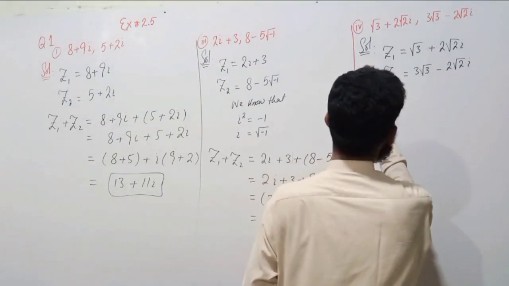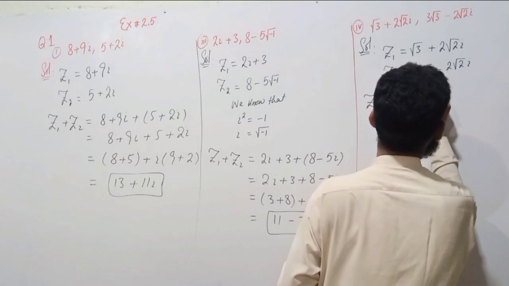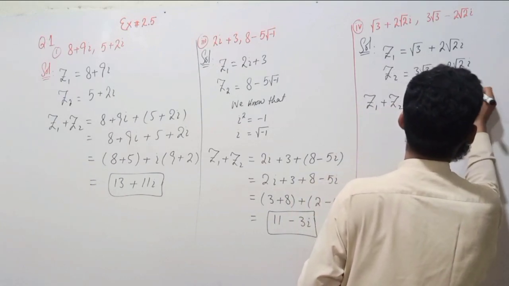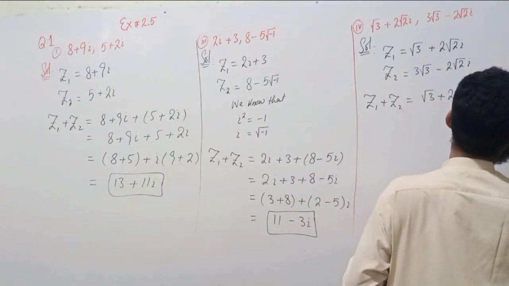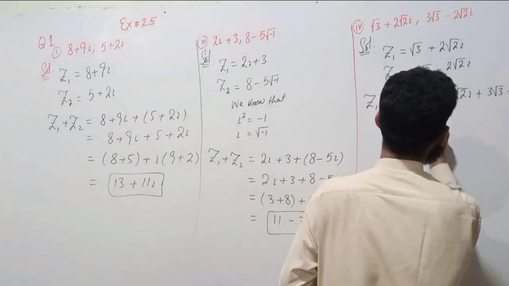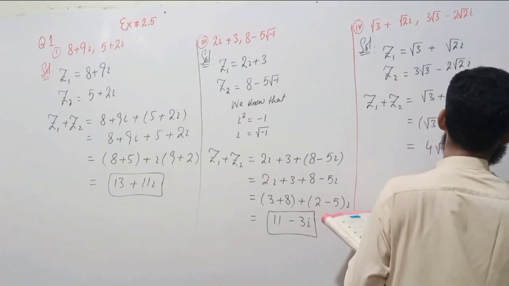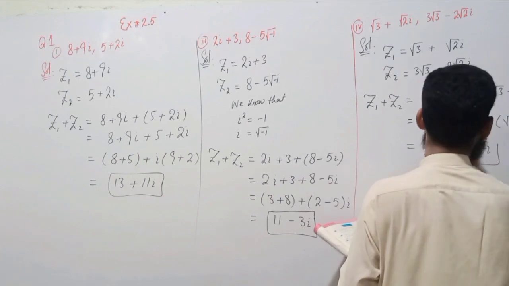So z1 plus z2 is equal to square root 3 plus 2 square root of 2 iota plus 3 square root of 3 minus 2 square root of 2 iota.